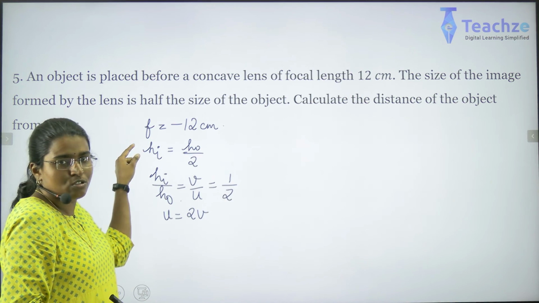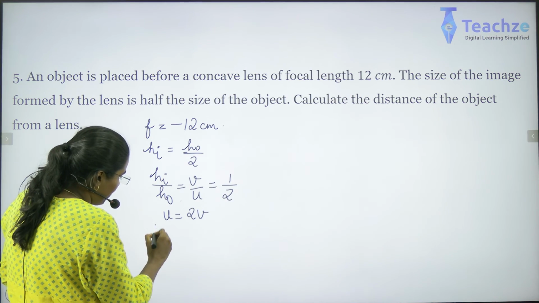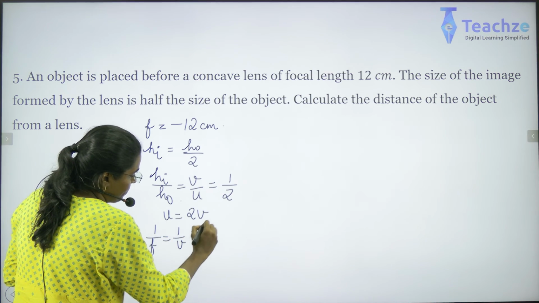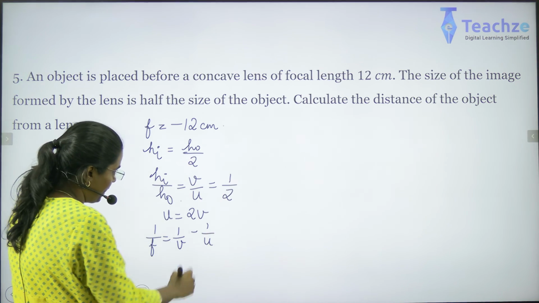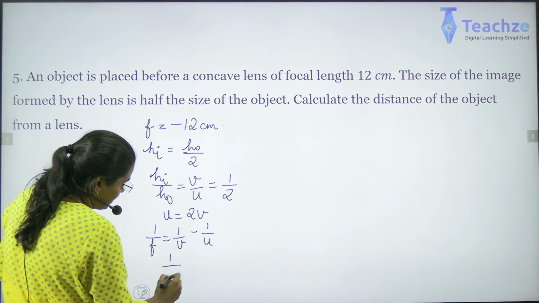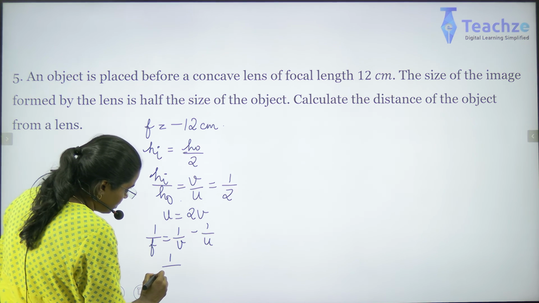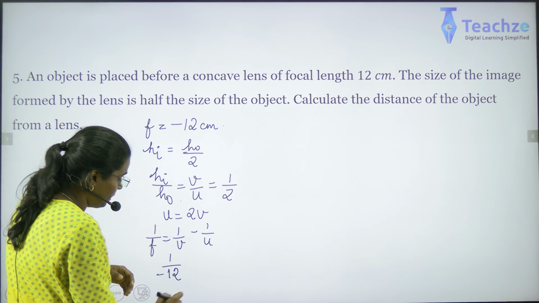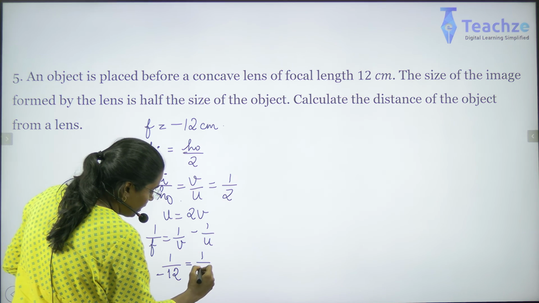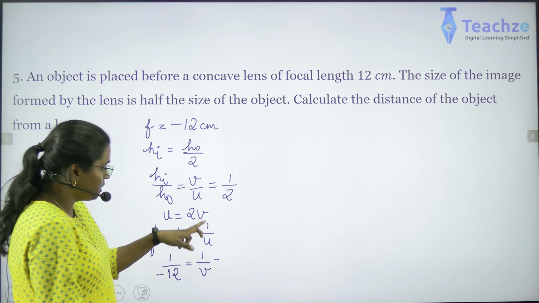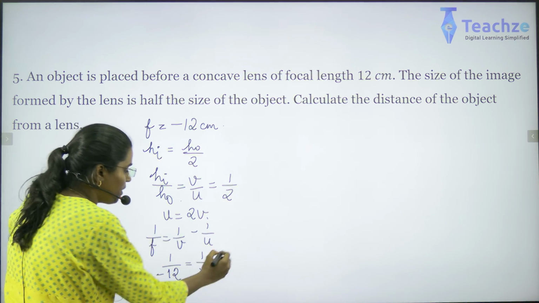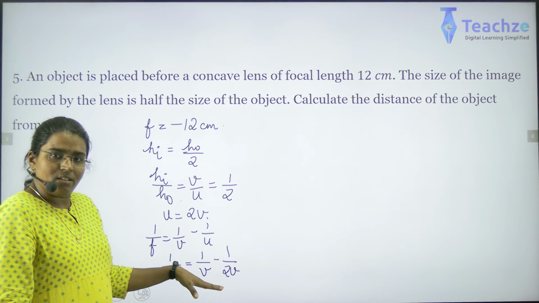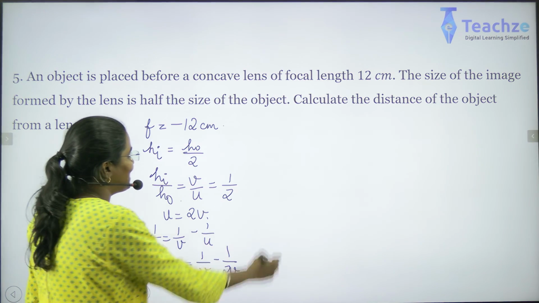We know F also. So what should be the formula? 1 by F. Good. 1 by F is equal to 1 by V minus 1 by U. In the place of U and F, please substitute the values. Focal length will be minus 12, so minus 1 by 12 equal to 1 by V minus, what is U here? It is 2V. 1 by 2V. 2V will be the LCM.